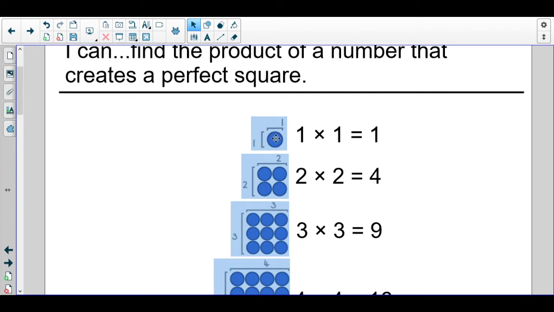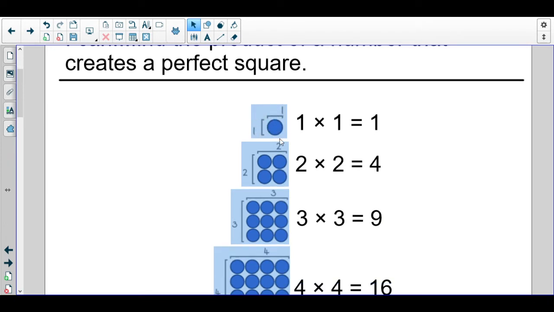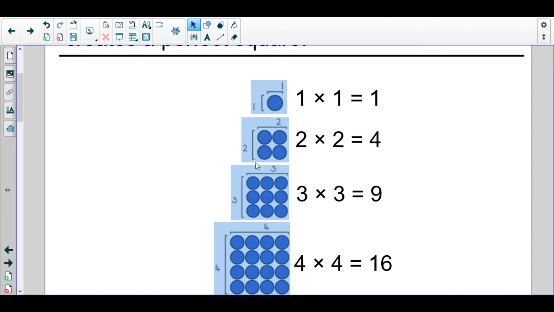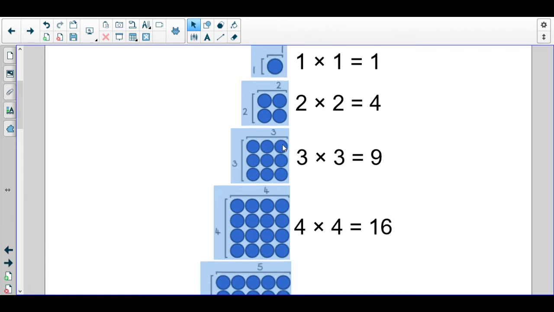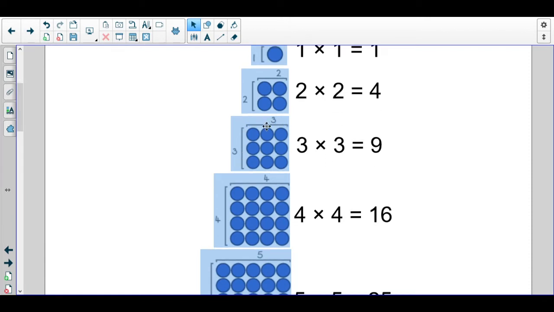So a 1 by 1, or 1 times 1, gives us 1. 2 up, 2 across, gives us 4. 3 by 3.